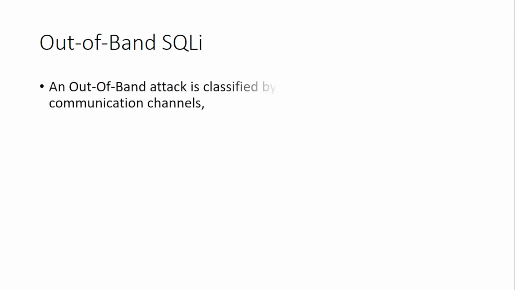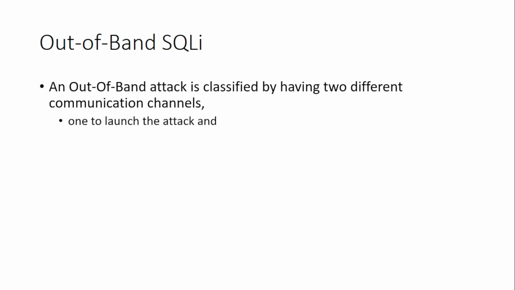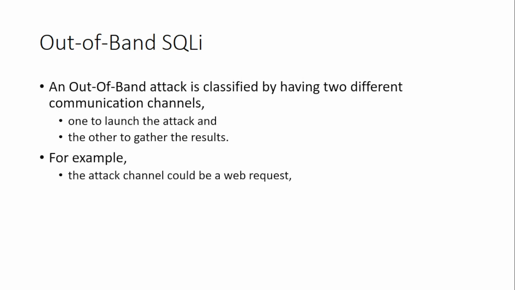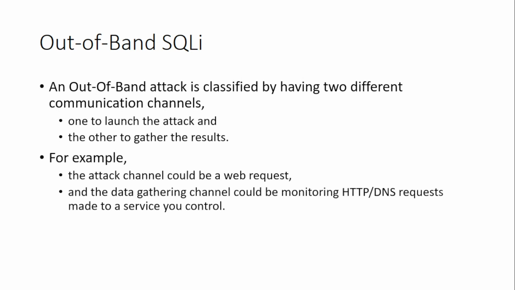An out-of-band attack is classified by having 2 different communication channels, one to launch the attack and the other to gather the results. For example, the attack channel could be a web request, and the data gathering channel could be monitoring HTTP or DNS requests made to a service we control.